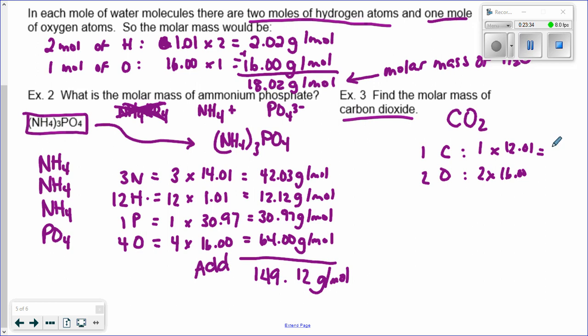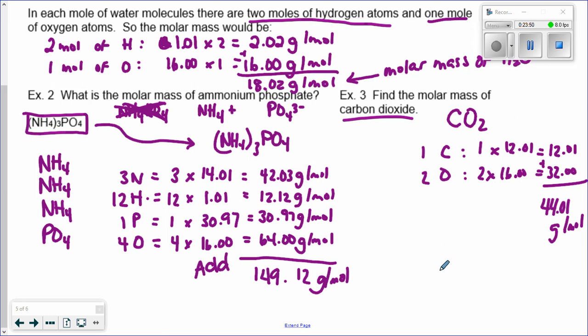So 1 times 12.01 is still 12.01. 2 times 16 is 32. So when I add these together, 44.01 grams per mole.